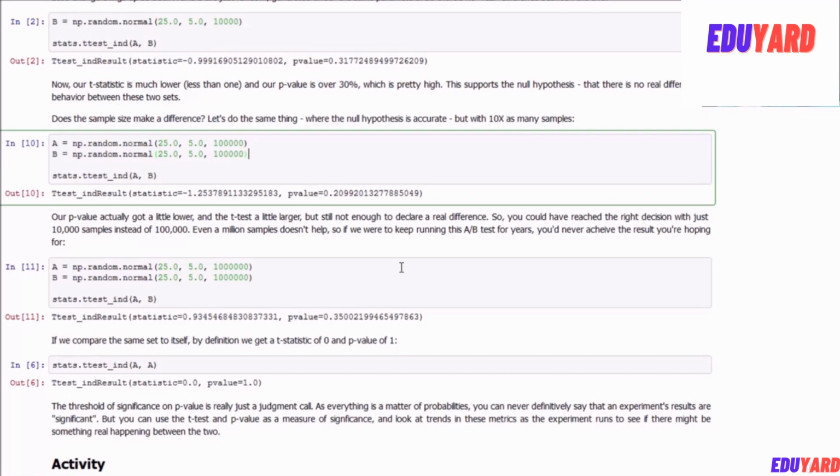Running experiments like this is a good way to get a feel as to how long you might need to run an experiment, how many samples it actually takes to get a significant result. And if you know something about your data ahead of time, you can actually run these sorts of models.